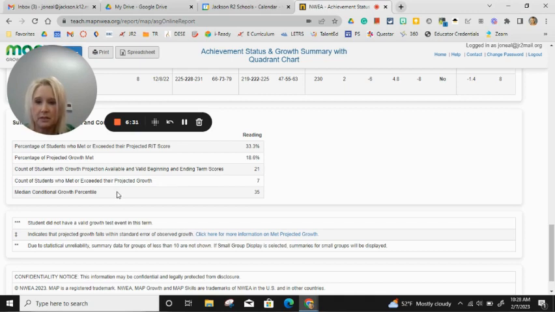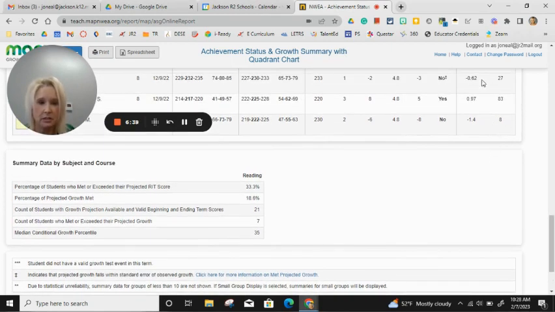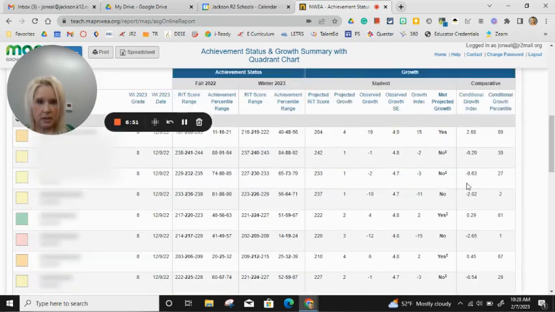And then this median conditional growth percentile is interesting. So that means if we went back up here to our list and we started looking at this growth percentile, we could see the middle students, if you lined them up from highest to lowest. This is their conditional growth percentile.